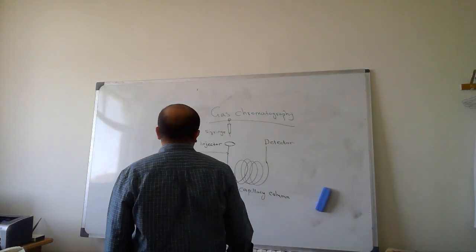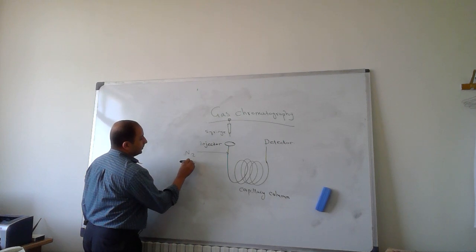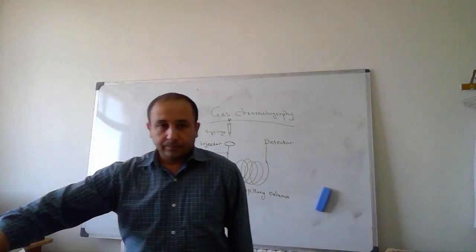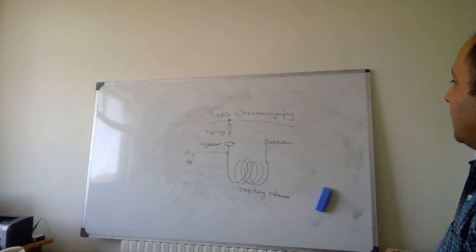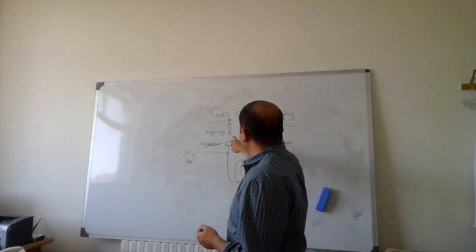This carrier gas, which is usually either nitrogen or helium, acts as the mobile phase. Okay, so we introduce the sample by syringe.